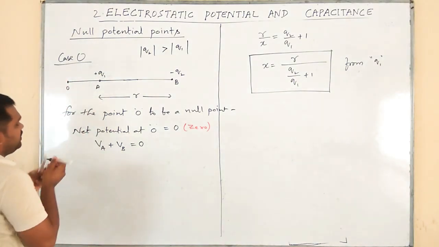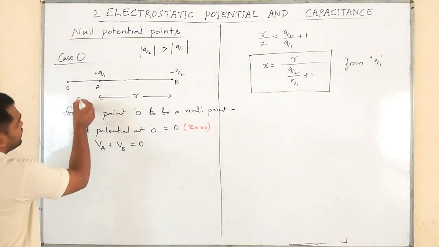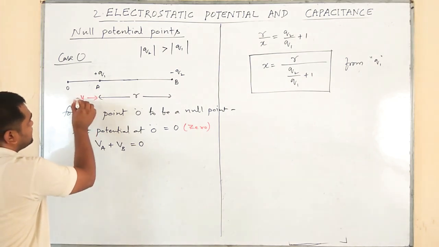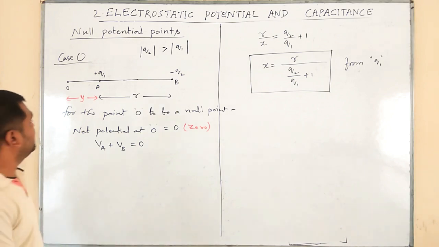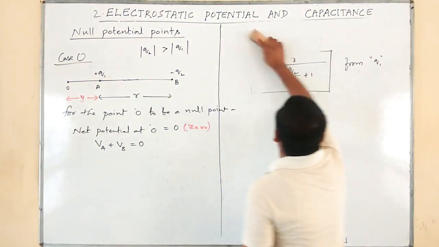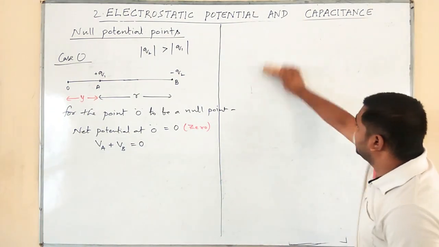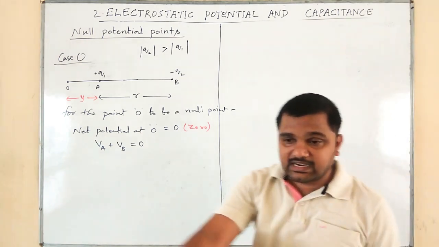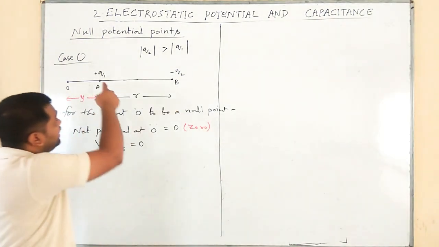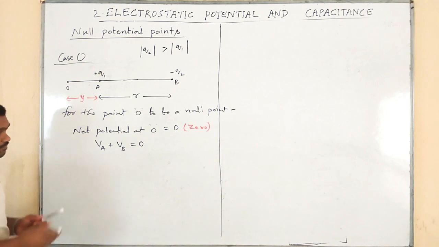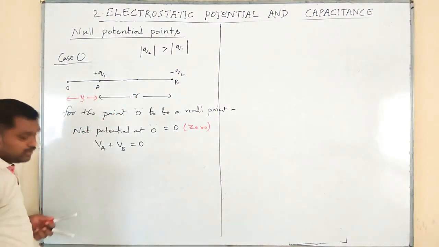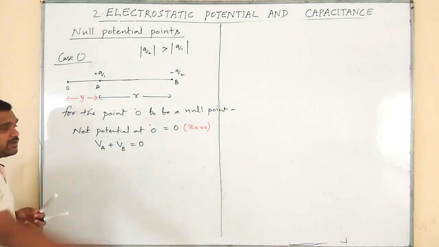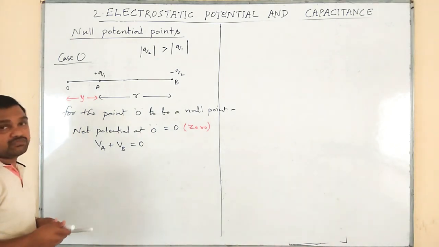Let this point be O, and for my reference I will call this distance Y. Again the same dialogue. For the point O to be a null point, the necessary condition is the net electric potential has to be 0 at O. Here we can expect two potentials, one due to A, another one due to B. Therefore, VA plus VB is equal to 0.